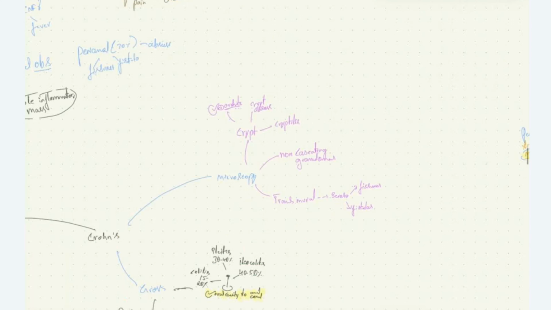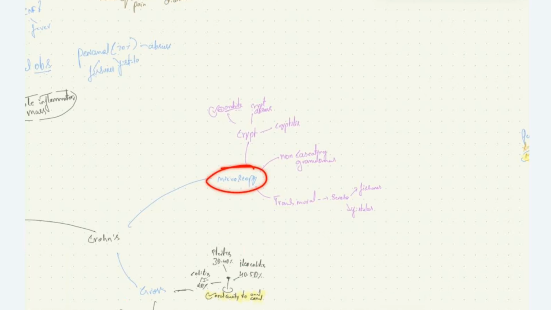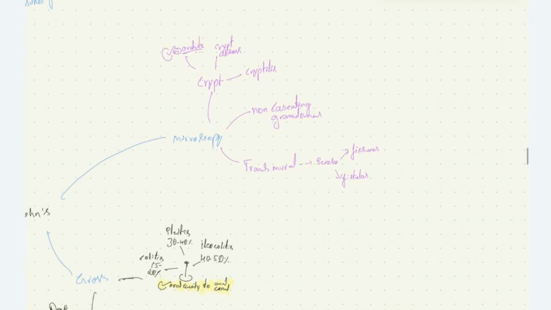What are the microscopic findings seen in Crohn's disease? We have transmural involvement, the deep ulcers, fissures, and fistulas. The deep ulcers can reach up to the serosa, causing fissures and fistulas, which are seen on microscopy. We have non-caseating granulomas, which are not seen in ulcerative colitis.